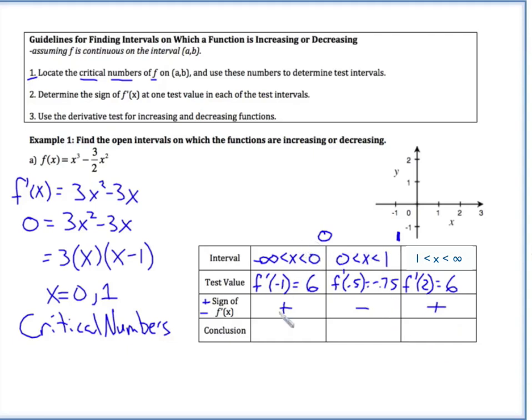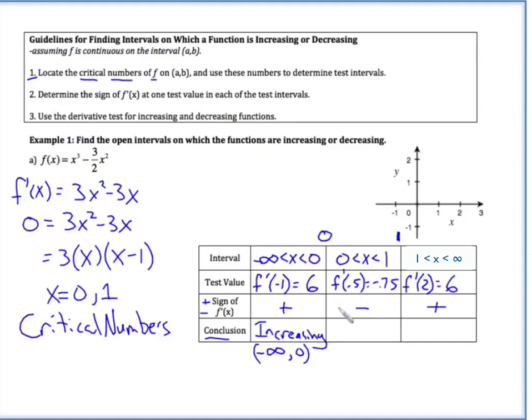Okay, so what that means is, let's do our conclusion. On this interval right here, our derivative is positive. Therefore, we say this is increasing on this interval. And the interval is -infinity to 0, and that is an open interval.